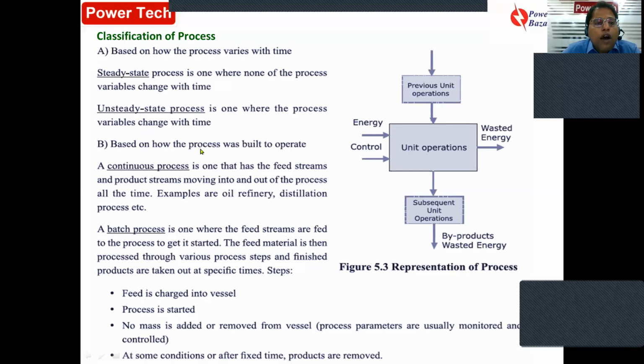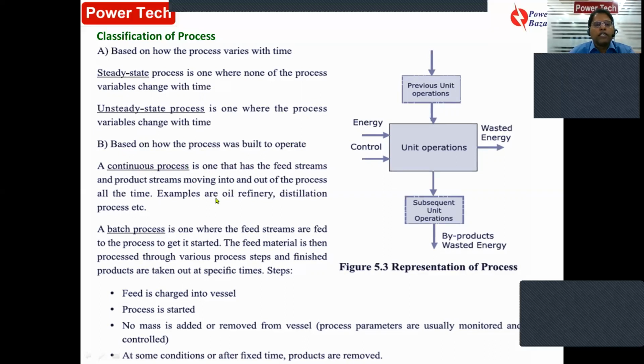Now, how was the process built to operate? Another line of classification: one is continuous process. That means you are feeding a stream of product input and a stream of energy going inside the process and coming out. It is a continuous process.